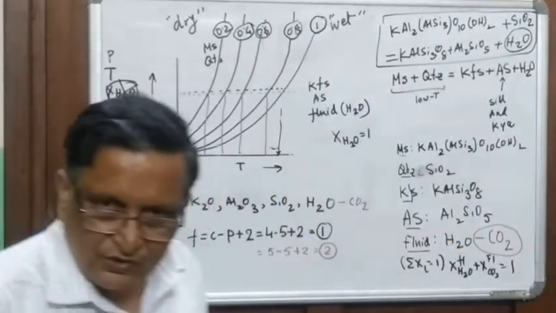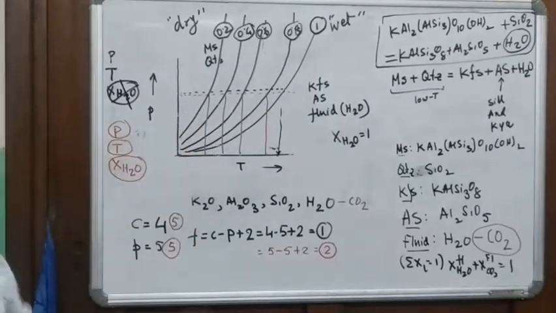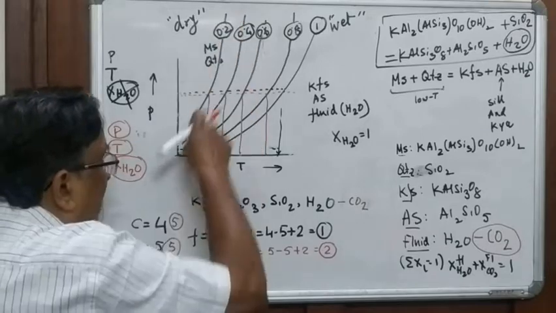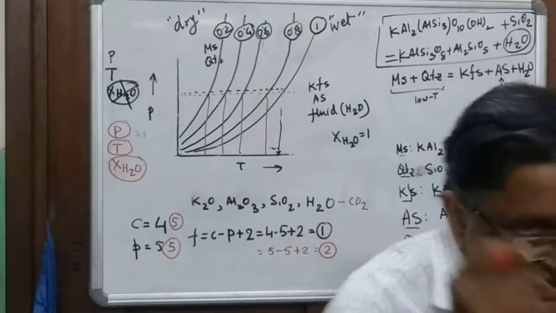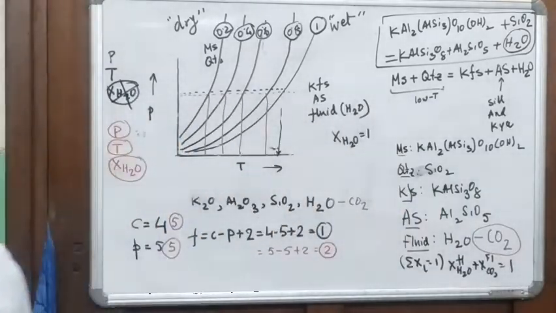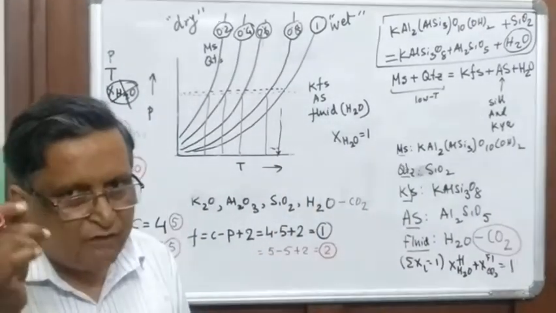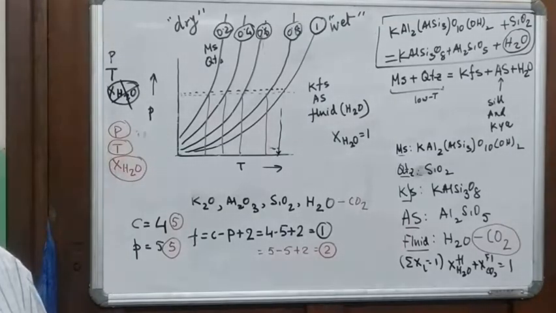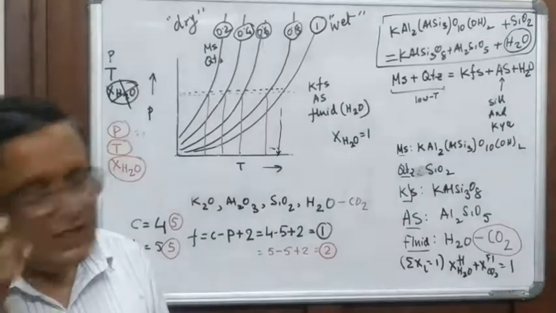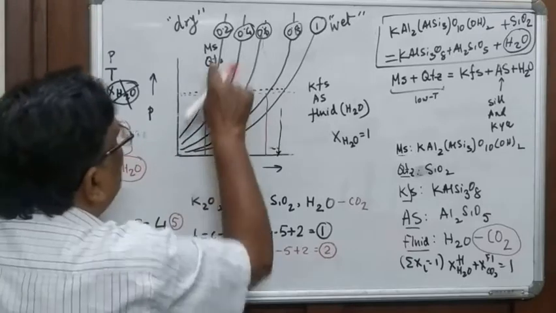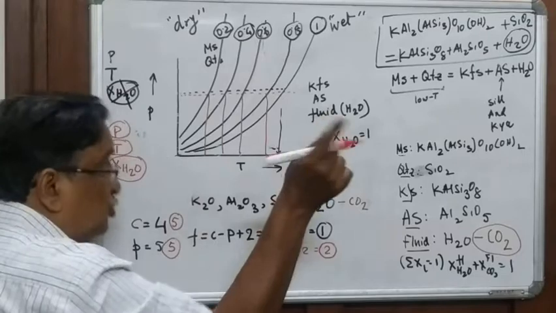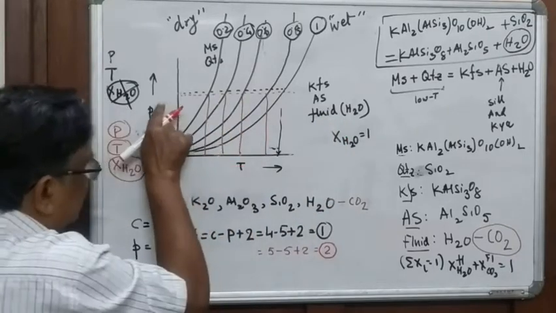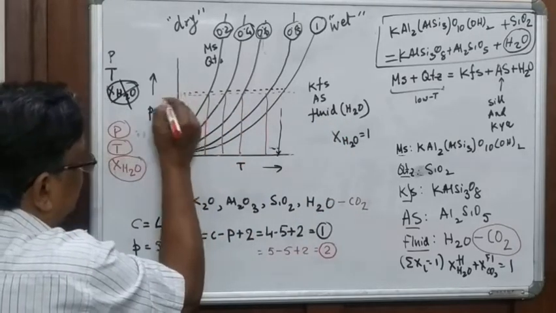Have you understood? So, you have to know which curve represents your equilibrium. That means you should know the XH2O value of your system. Right? That means if XH2O is equal to 0.2, then this is the temperature. If XH2O is 0.4, this is the temperature. Remember, this is the pressure.